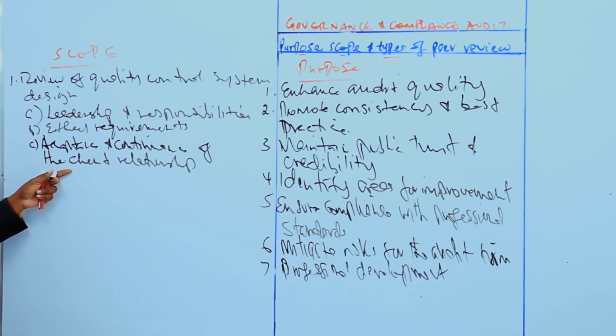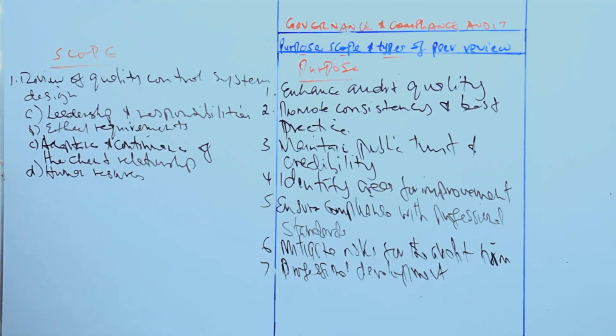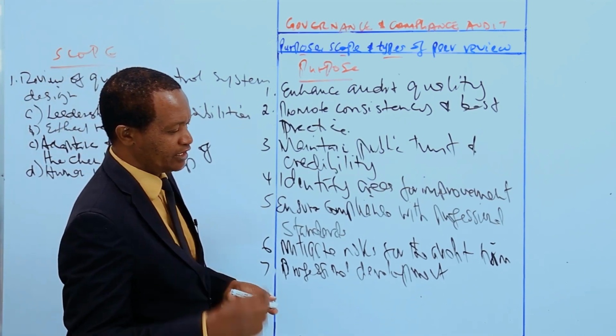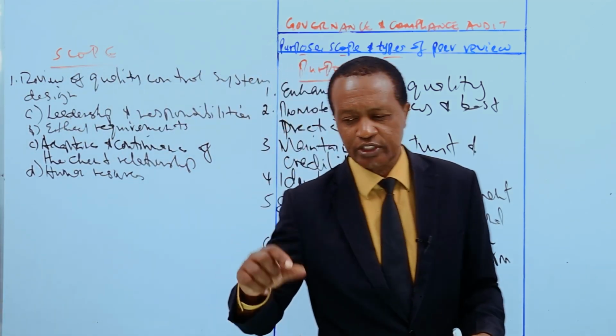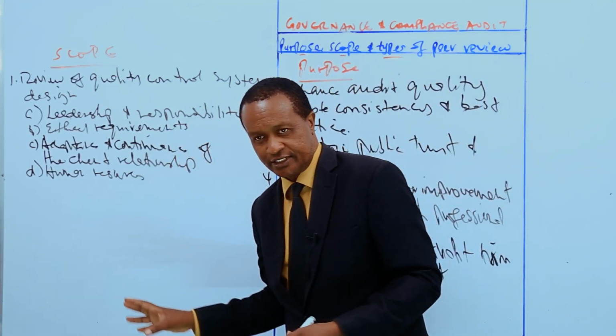There may also be human resources. Human resources is also part of the scope under quality control system design. That means examining policies for recruitment, for professional development, for performance evaluation, and also assignment of personnel with appropriate competence and capabilities for governance and compliance audits. The governance and compliance audit firm is required to have competent auditors.